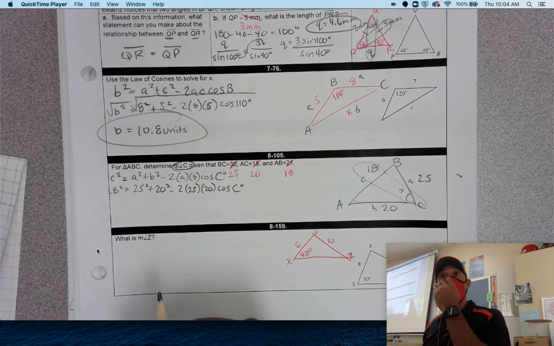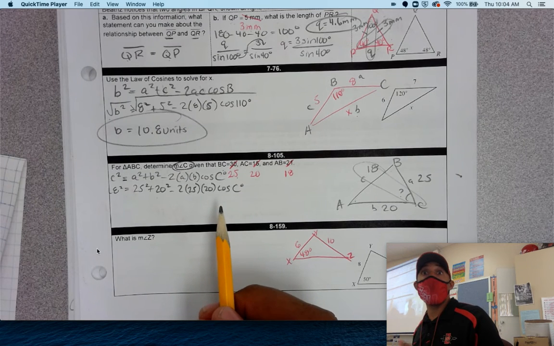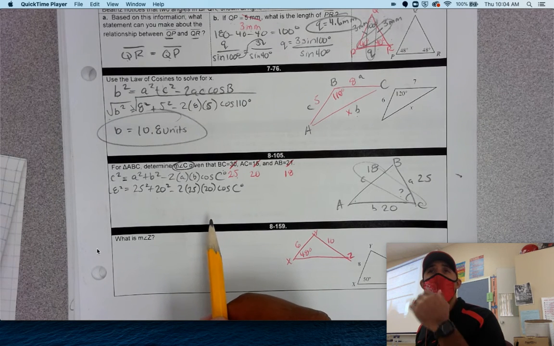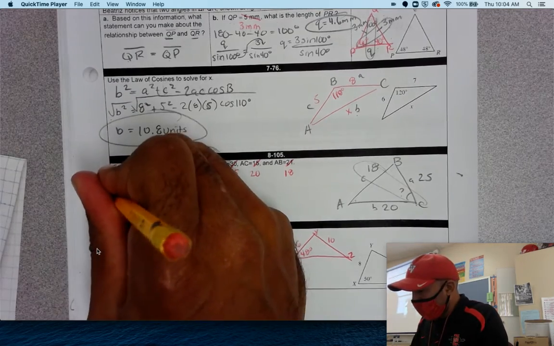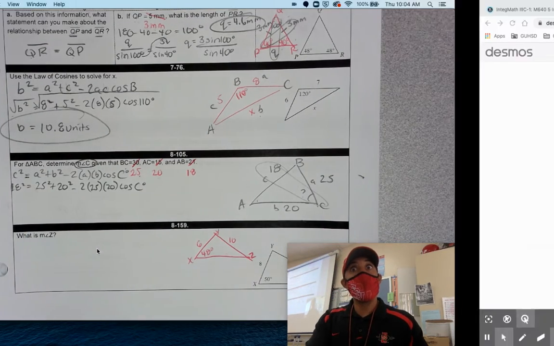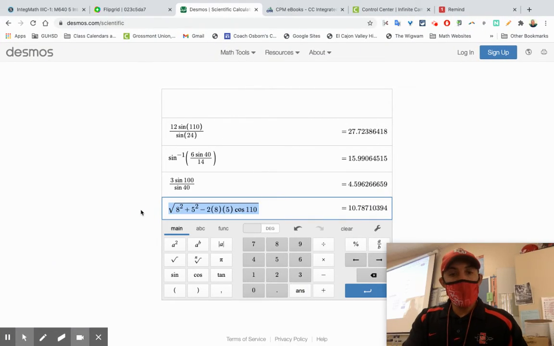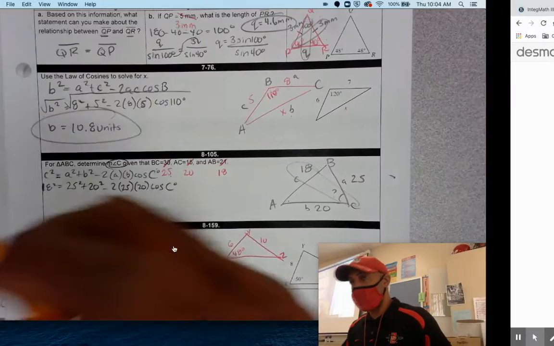All right, so now we actually have to, when we're looking for the angle using law of cosines, we got to simplify. So this is probably a little bit the longest problem as far as like having to work out different steps. So we're going to simplify everything. Okay, so I got 18 squared. Calculator time. Okay, so 18 squared, that's 324.